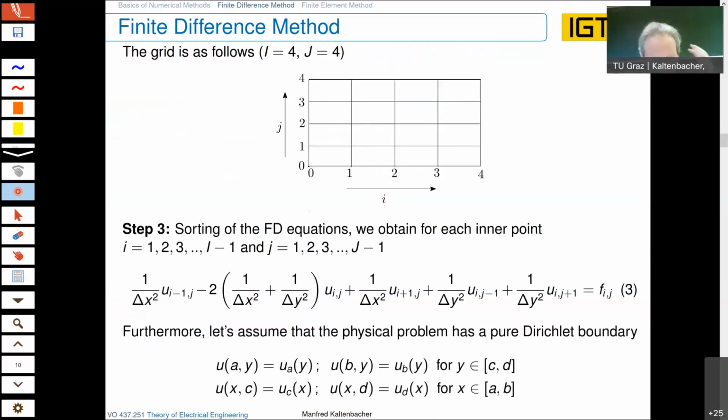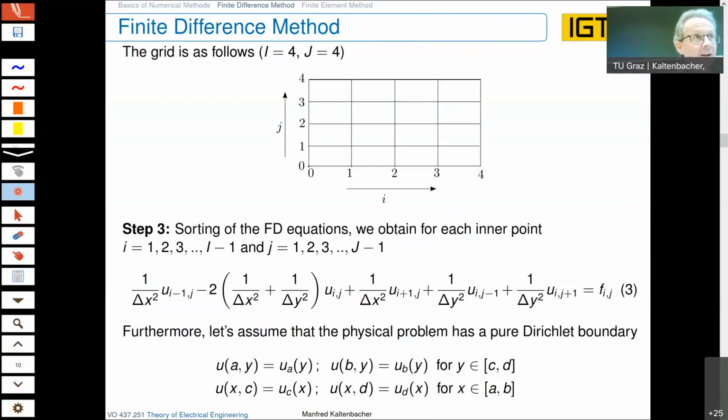So let's have it concrete. We have the following. We have 4 values for j, 1, 2, 3, 4, and the same, or sorry, I started with index 0. Always be a little bit careful if you use C++ or MATLAB or Python.